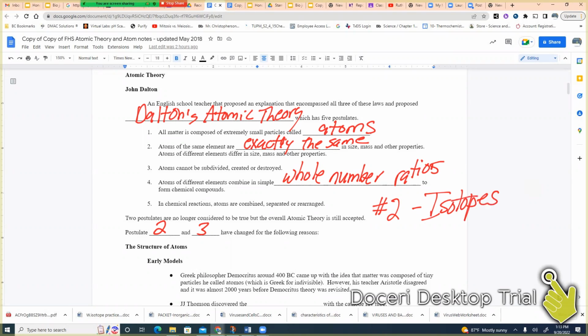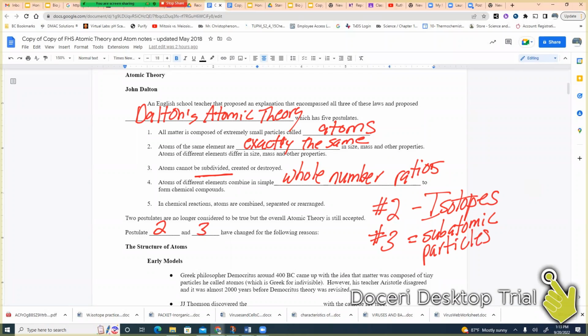Later on, isotopes were discovered, so they found that sometimes there could be some small differences. And for number 3, which is the one that said atoms cannot be subdivided, later on the subatomic particles, electron, proton, neutron, were discovered, which means that although it's very hard, atoms can be broken down into some other things.